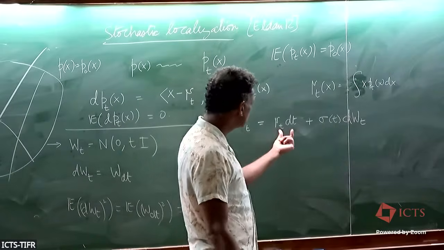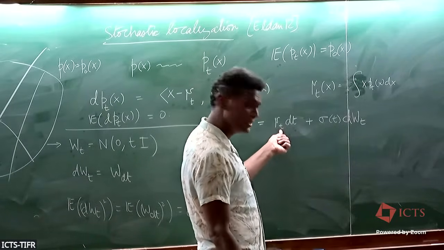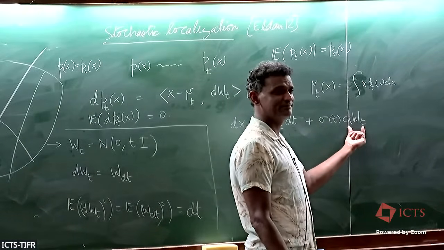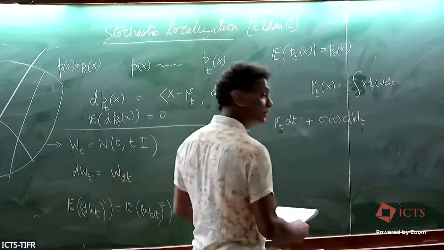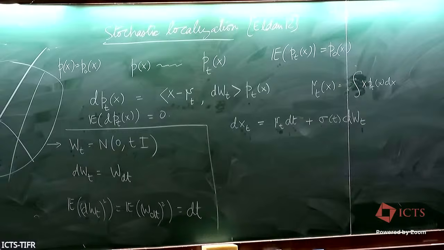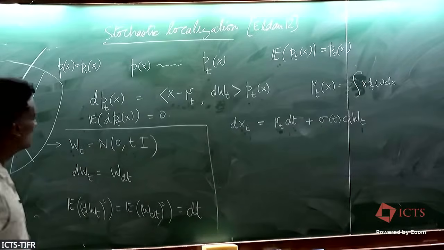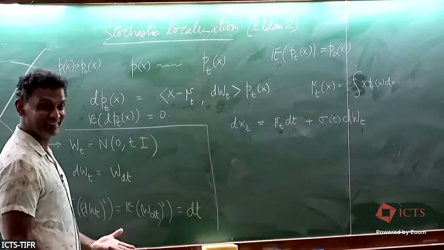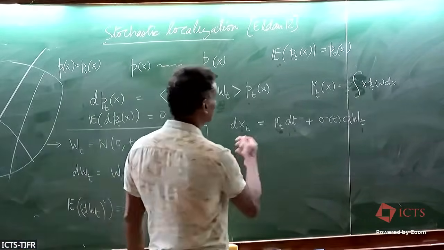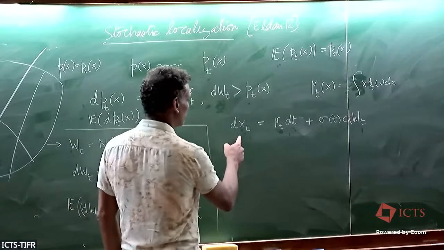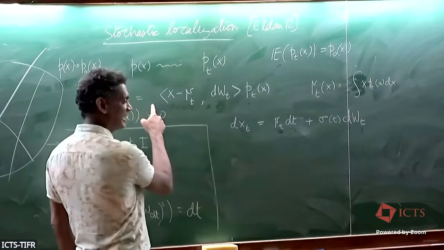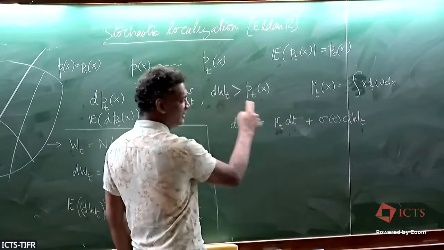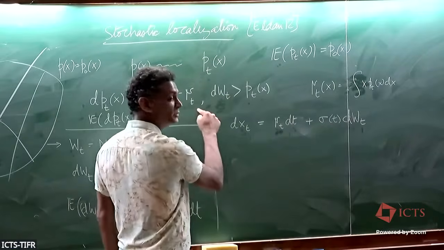The change in x is infinitesimally linear in some vector, and then some matrix times the infinitesimal Gaussian. But we want to do more than this. We want to know what Pt actually looks like, and for that there are some nice general tools. Given an equation like this, this is a special case where we don't even have the drift at all, it's 0. We only have a dWt term with this x minus mu t.